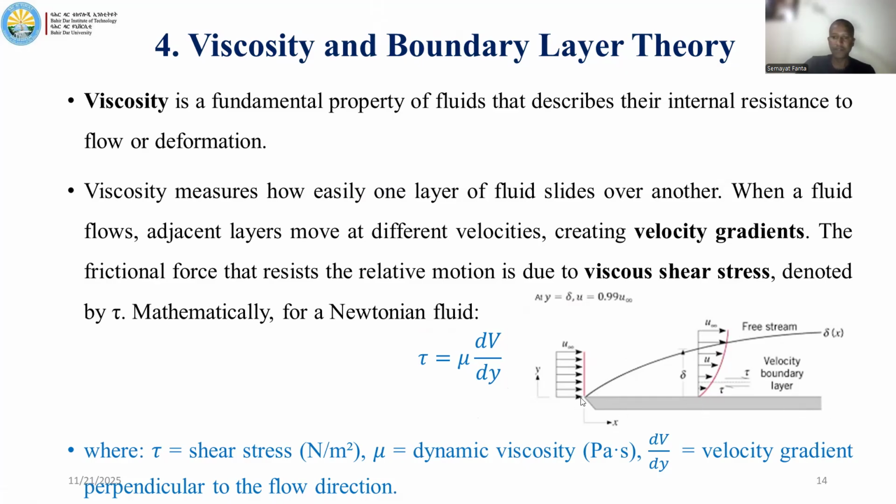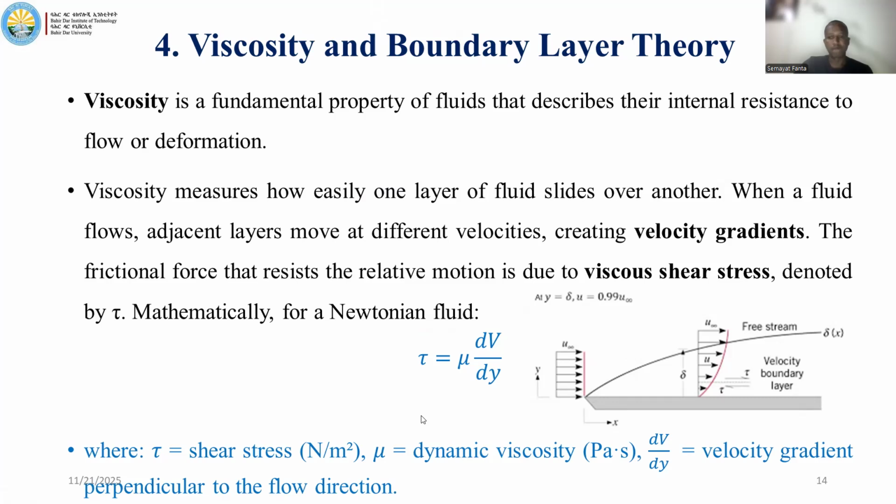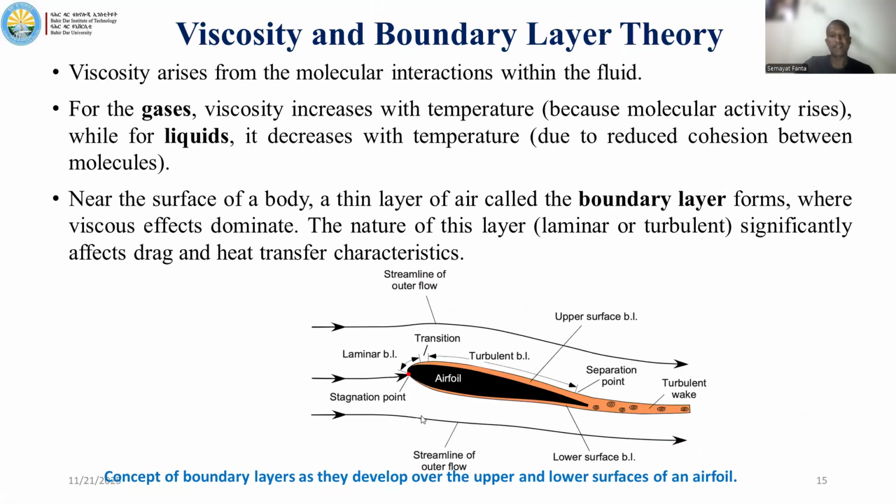One of the fluid layers is considered stationary and the top one is considered movable. On that, we get the shear force. So the velocity gradient perpendicular to the flow direction is given by dv/dy.